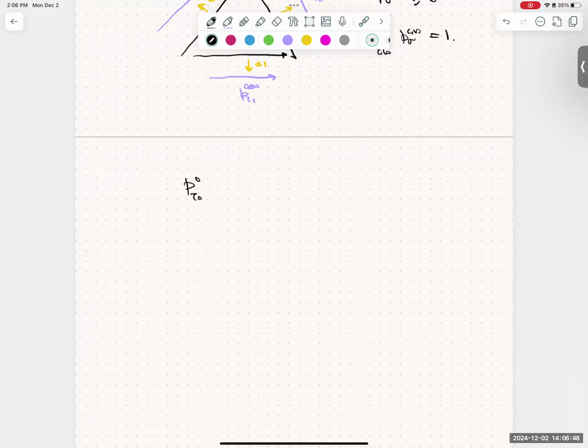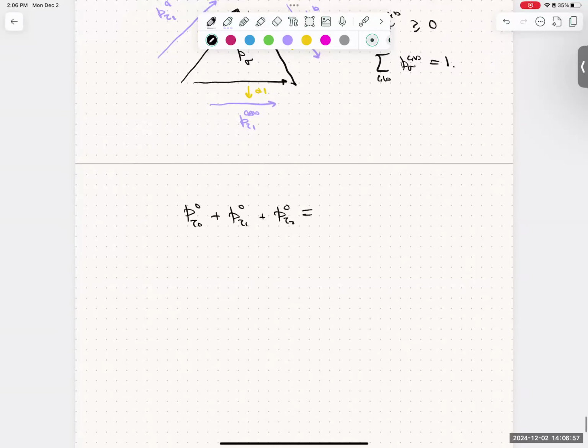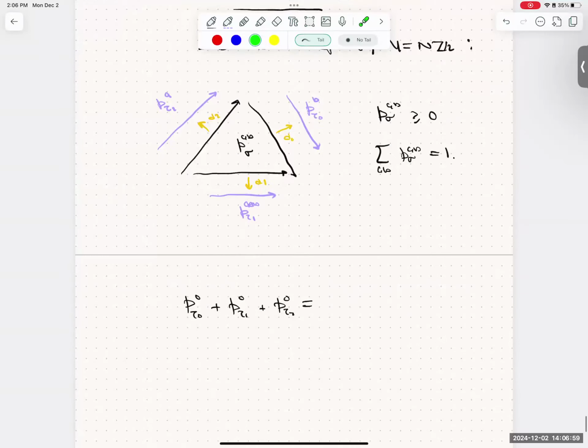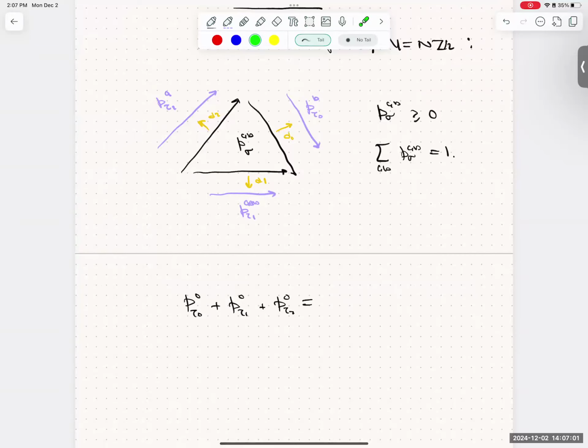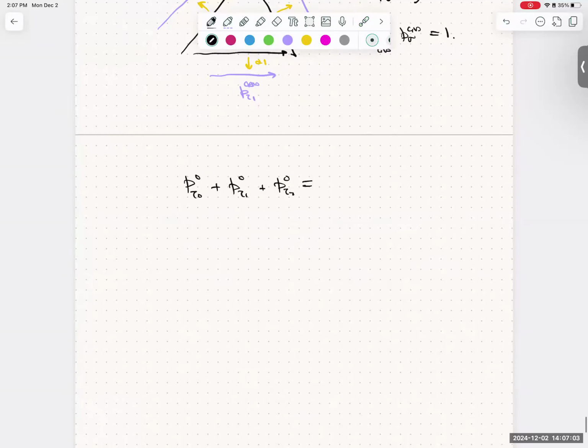So here, P tau 0, 0 plus P tau 1, 0 plus P tau 2, 0 is equal to, if you recall what these look like, P sigma 0, 0 plus P sigma 0, 1 for the first one, plus, hold on, did I do it the other way around? Yeah, I should do P1.